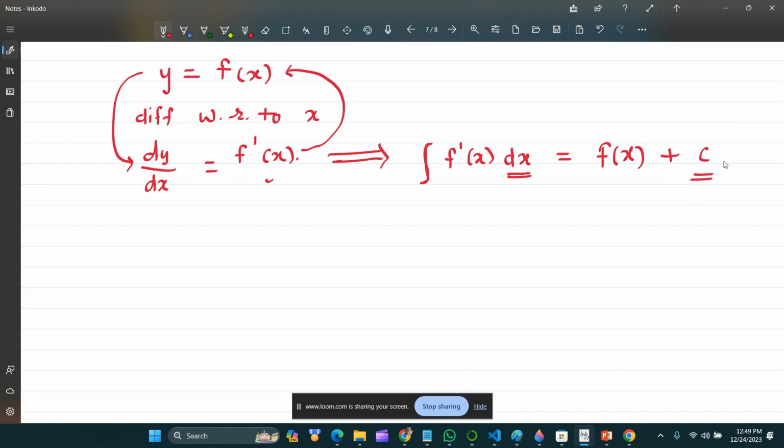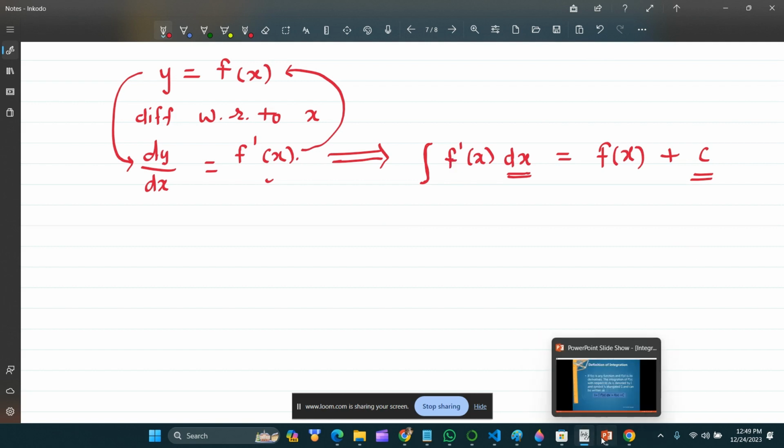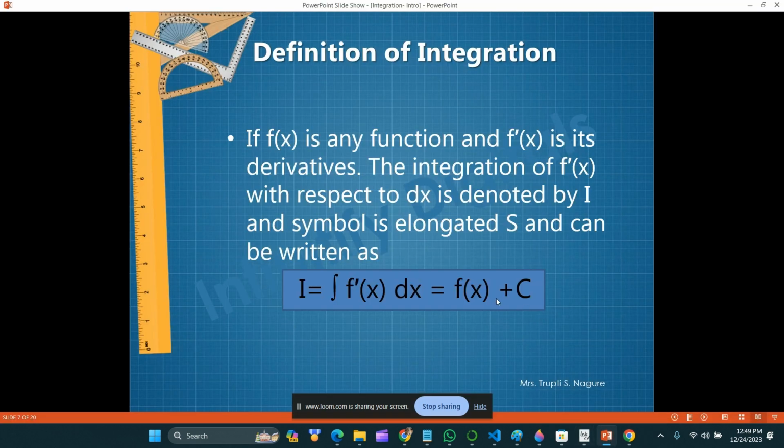I think you are now very well aware of this concept. This is the definition of integration, how we can integrate a given function, what the sign is, and that it is denoted by capital I, all in this slide.